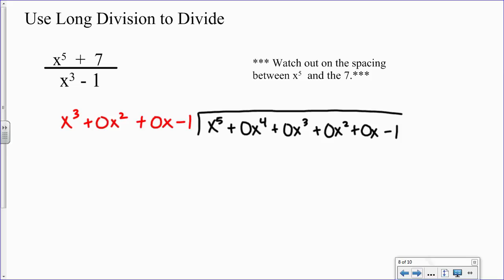When you go to work this out, you make sure you're lining up your like terms. So what would you multiply x cubed by to get x to the 5th? X squared. So I have to go all the way here to put x squared.